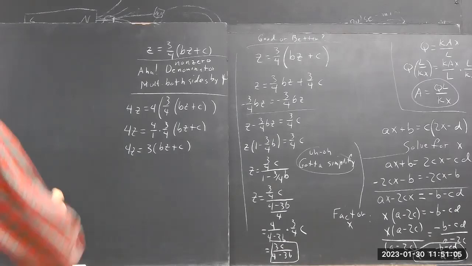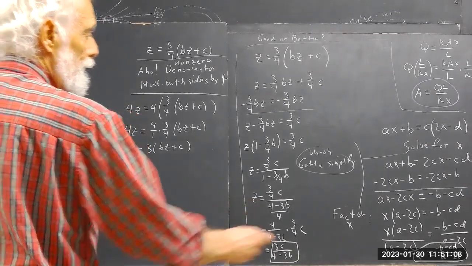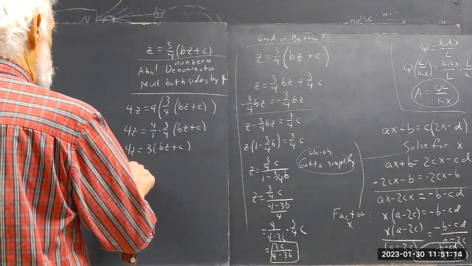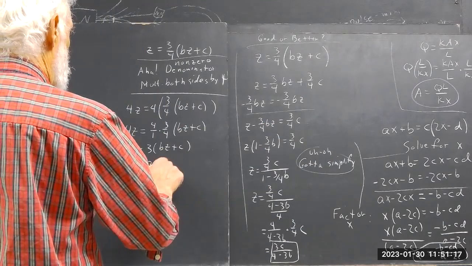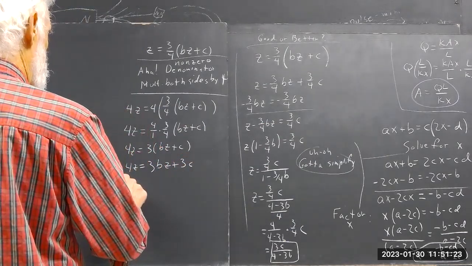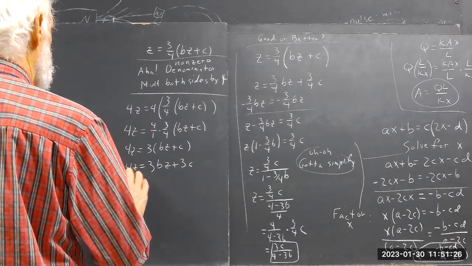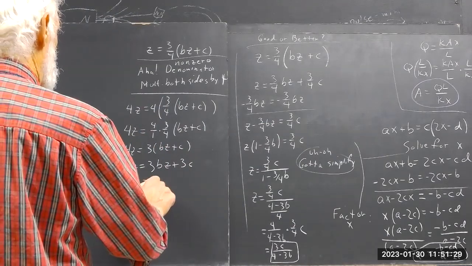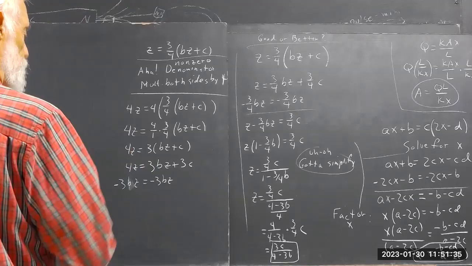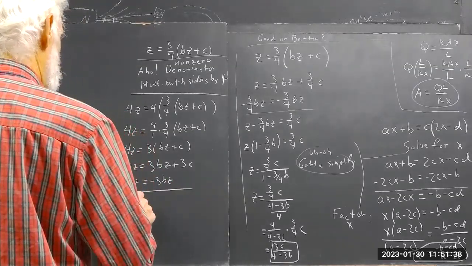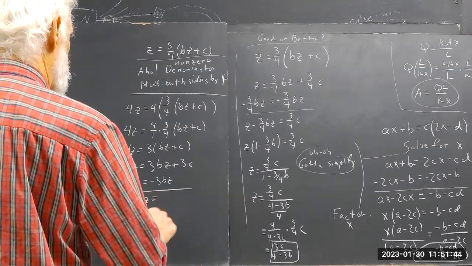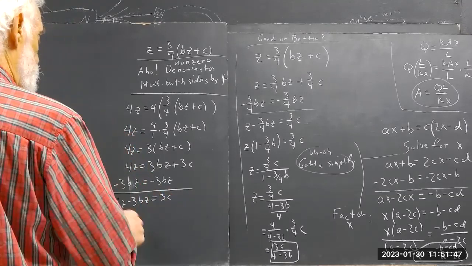Okay. Well, at this stage, everything proceeds as it did in the previous example. We use the distributive law. We subtract 3bz from both sides to get 4z minus 3bz equals 3c.